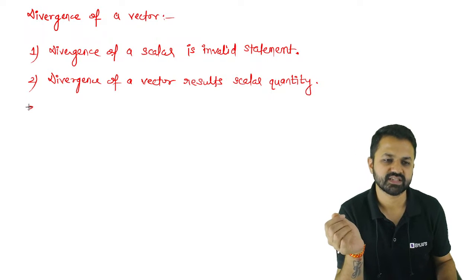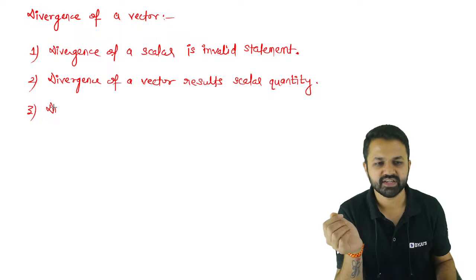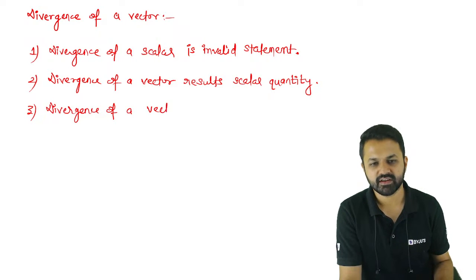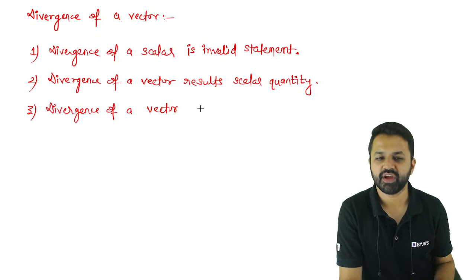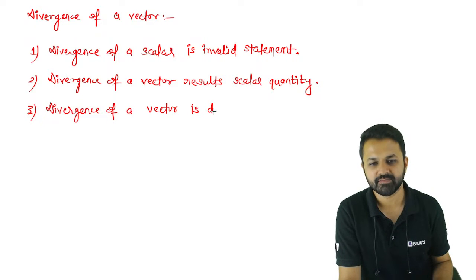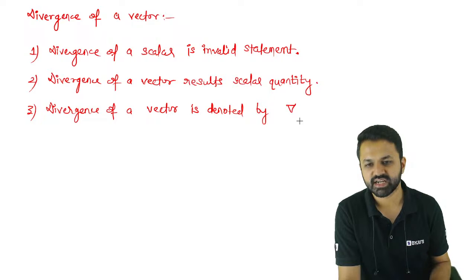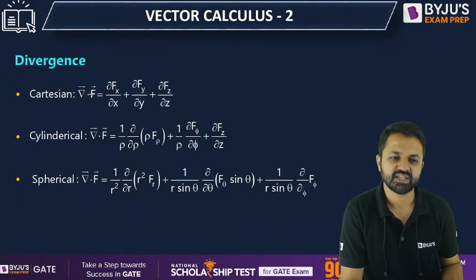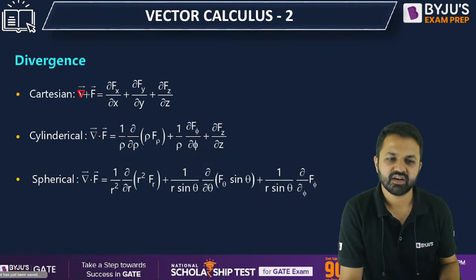Divergence of a vector is denoted by the del operator dot product with the vector. Let us suppose the vector is F. So in this way we represent it. Here we are calculating the divergence of F, so del dot F.